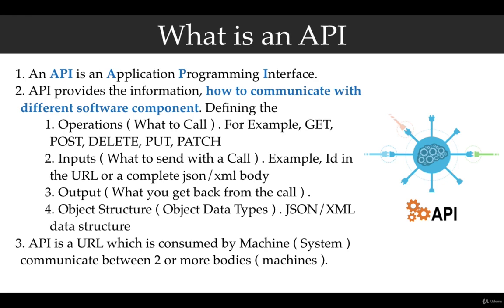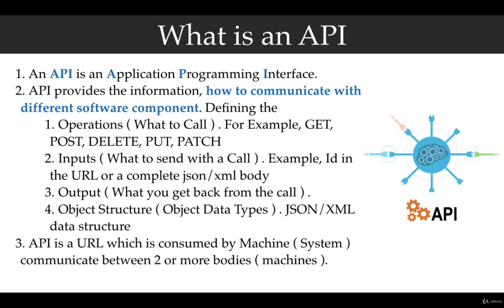API also provides what operations you can perform on a particular system, what is the input or output format that you can get or send to the system, and what are the object structures that might be in JSON or XML format.